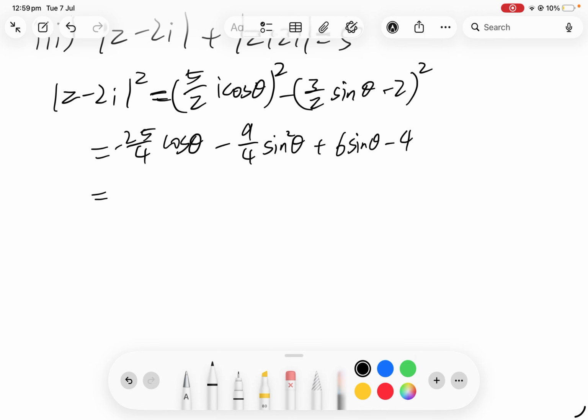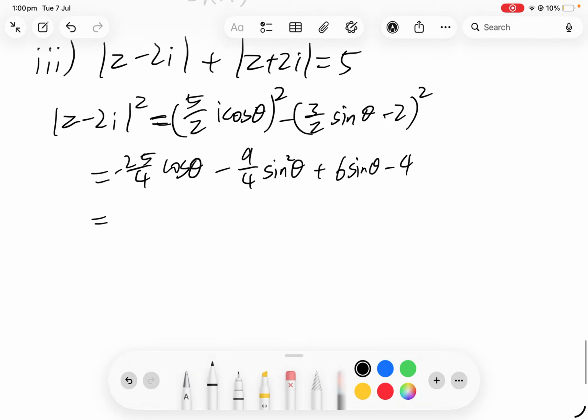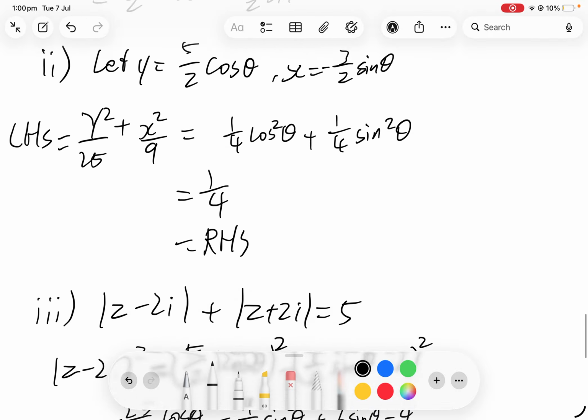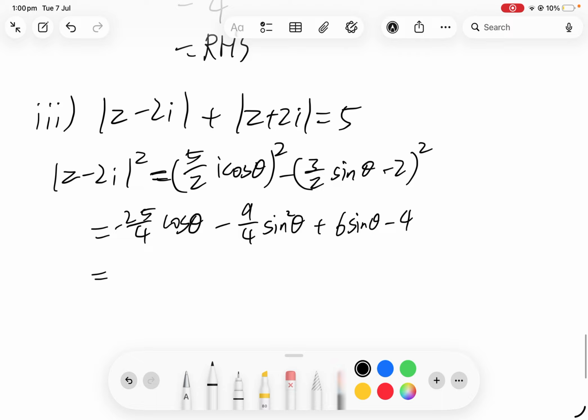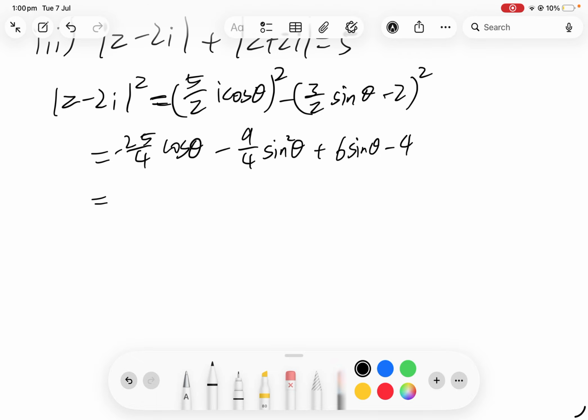Continuing the signs. Where am I up to? Okay, I have to convert them into... Wait, what do I have to do? I have to convert them into cos. 4 cos squared theta minus 9 over 4.